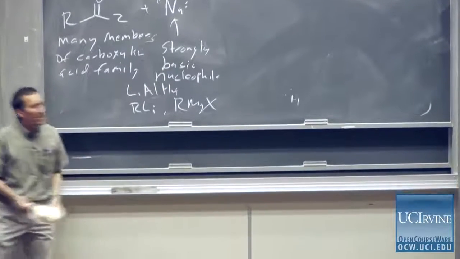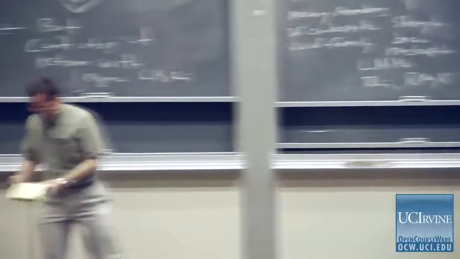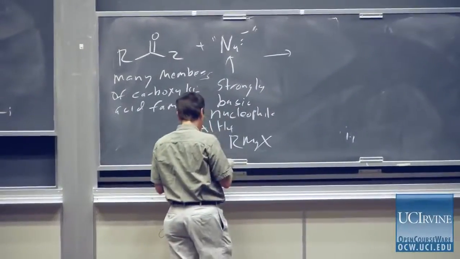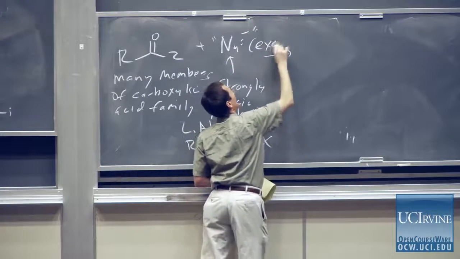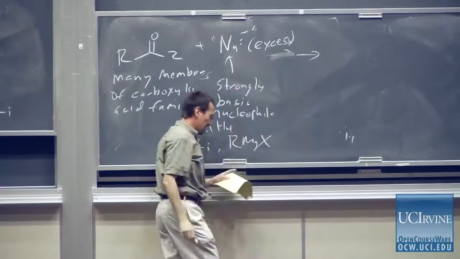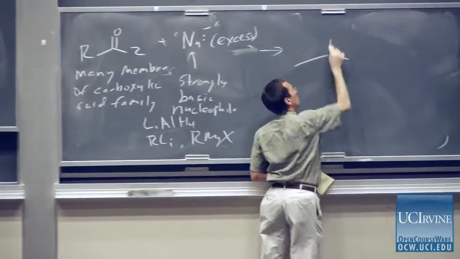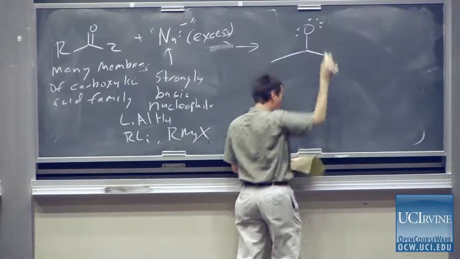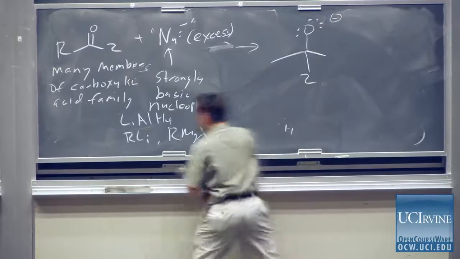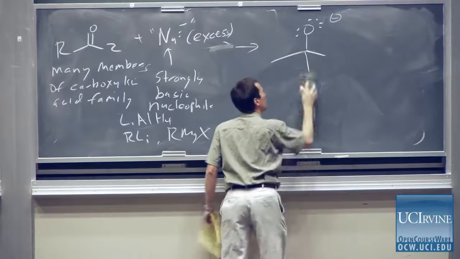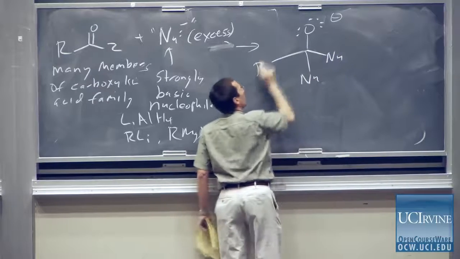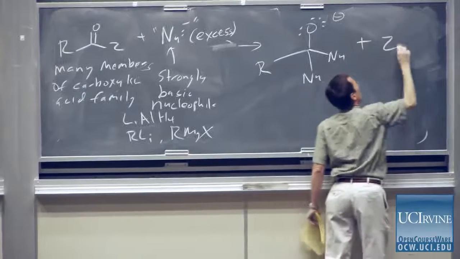So basically, the generalities of this type of reaction are that in general, we get, and I'll write parenthesis excess here just to avoid confusion. When you have excess, in general, you're going to observe addition of two equivalents of your nucleophile, which I guess I've written as Nu, plus Z minus.